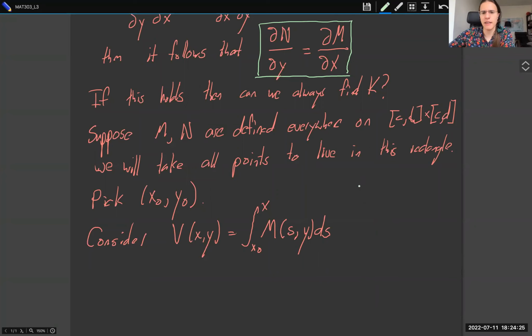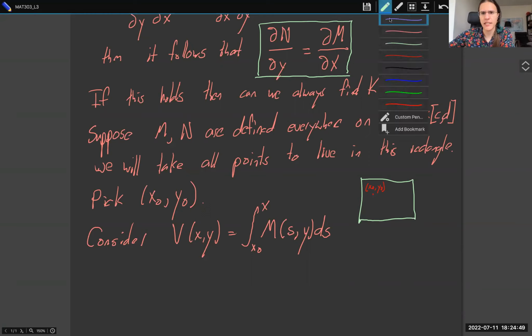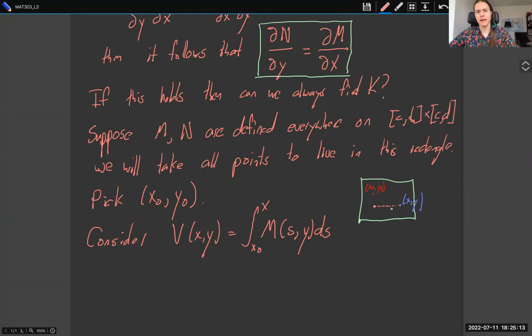So what this looks like is that if this is our rectangle, and we've picked our point x naught, y naught, then in order to consider this quantity v of x, y at some other point, let's say x, y, we're going to ignore the y naught coordinates, and we're going to integrate m on this line right here, as x ranges from x naught to x, with y being fixed. So that's what we're doing.